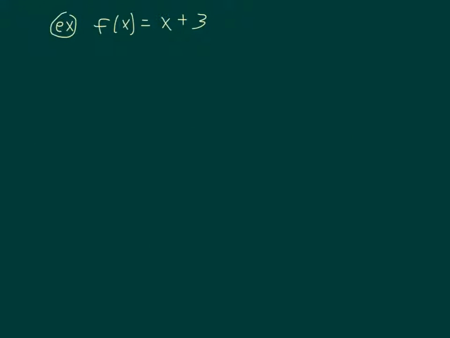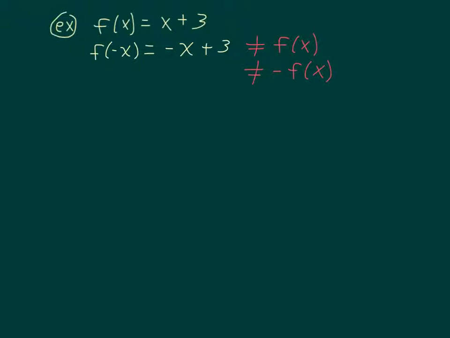Here's another example of a function where, let's suppose we're trying to determine if this is even or odd. The test is always to plug in negative x. If I plug in negative x here, I get negative x plus 3. Now notice that this is not the same as the original function, and it's also not the same as the negation of the original function.